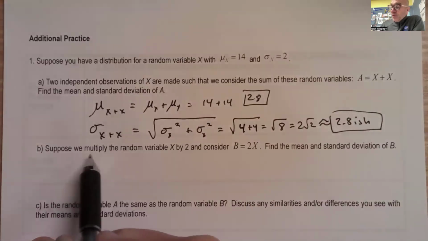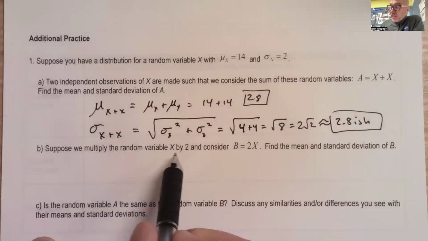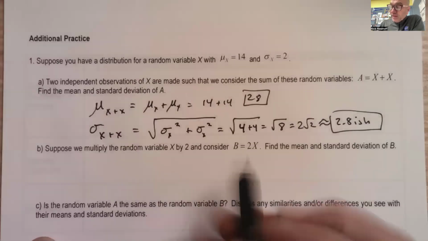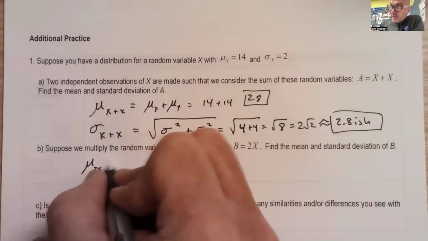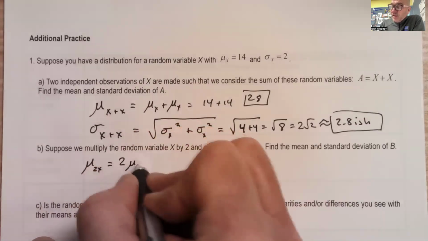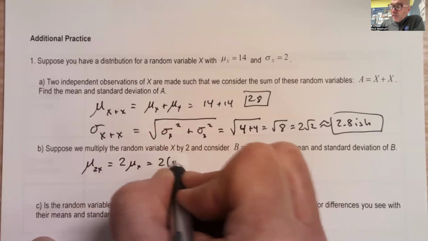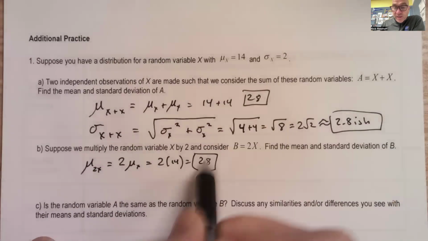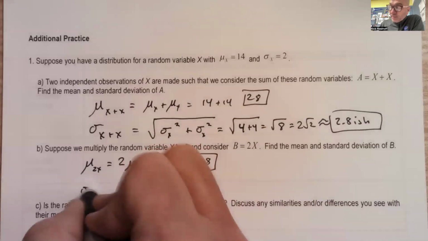If we randomly multiplied the variable X by 2, instead of adding it to another random variable, we'd have the mean of 2X equals 2 times the mean of X, which is 2 times 14, which is 28. So it's still the same center, the same mean, but watch what happens to the standard deviation.